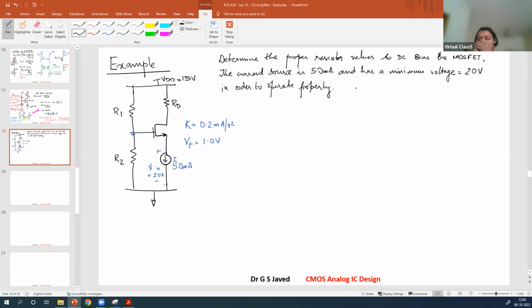Okay, what does this operate properly mean? It has to be in saturation, and the drain's VDS has to be greater than VGS minus VT. So this is the condition.